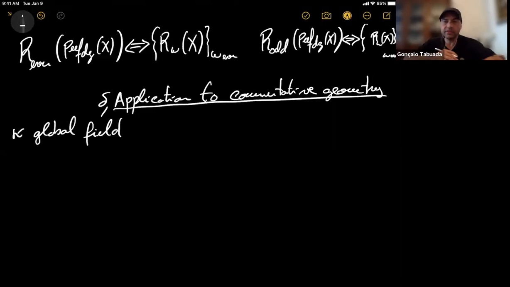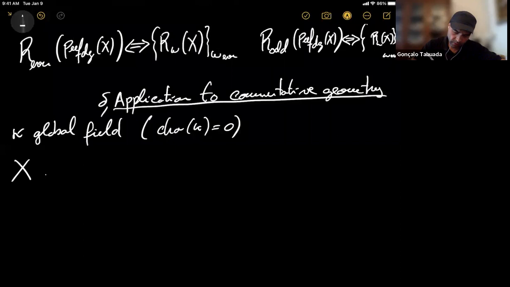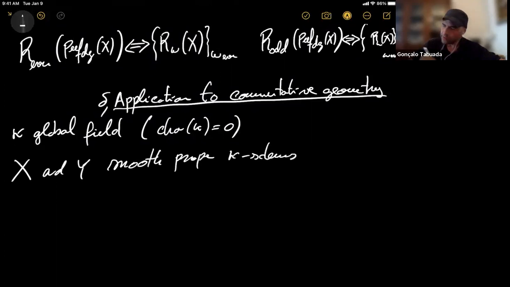If it's positive characteristic, or if it's a number field, we know that this is already proven. So let's restrict ourselves to characteristic 0. And now let's take two smooth proper schemes X and Y, and let's assume that they satisfy the condition C2.